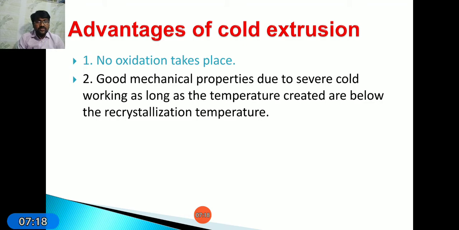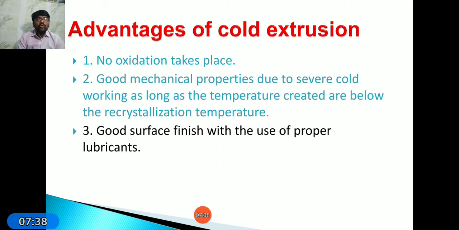Because we are continuously working on the material, some temperature will be increased due to frictional effects. But it is below the recrystallization temperature. For that, there is no effect on the workpiece. Next, good surface finish with use of proper lubrication. Before the processing, we have to apply some lubrication.